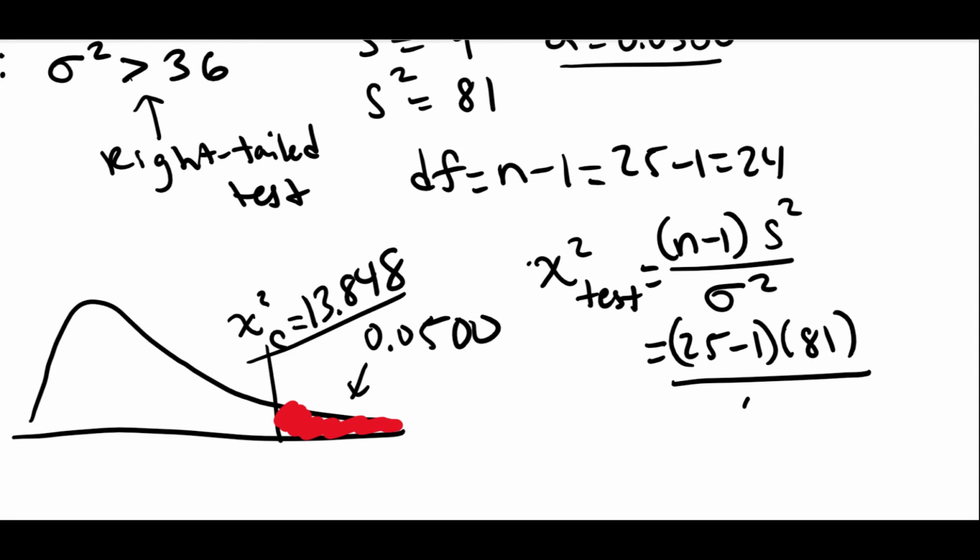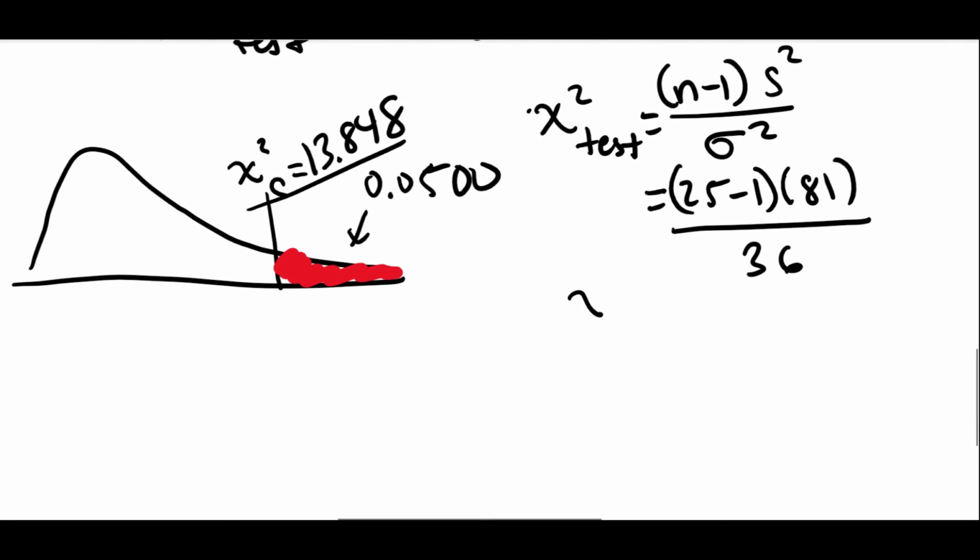And sigma squared, we said, was 36 from the claim. So I get a value of exactly 54 for my chi-square test. If I asked you to round this to 2 decimal places, you would use 54.00, for example.